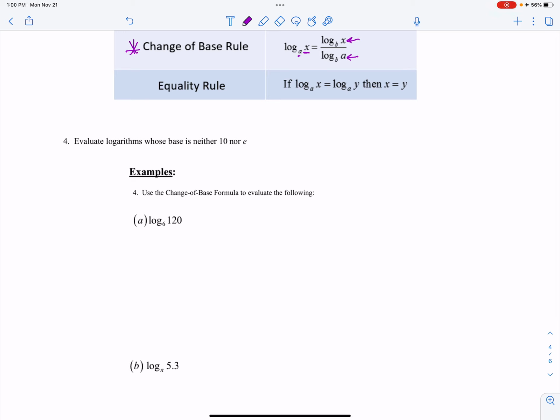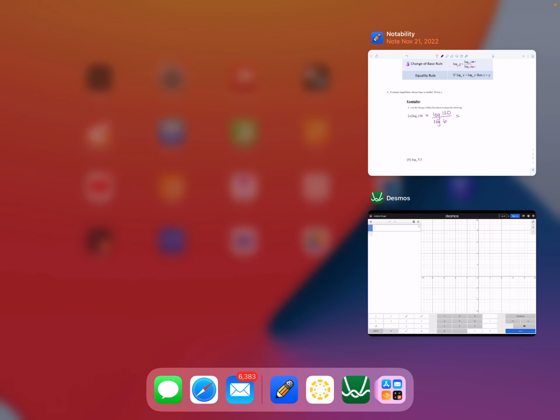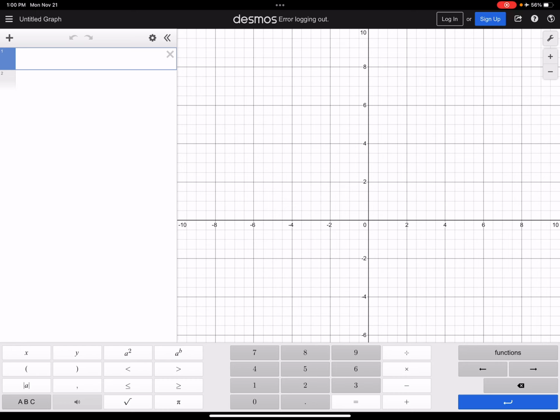And so let's try it. Log base 6 of 120, we would rewrite as log of 120 over log 6. And this we can put in our calculator. So why don't we take a look at our calculator here.